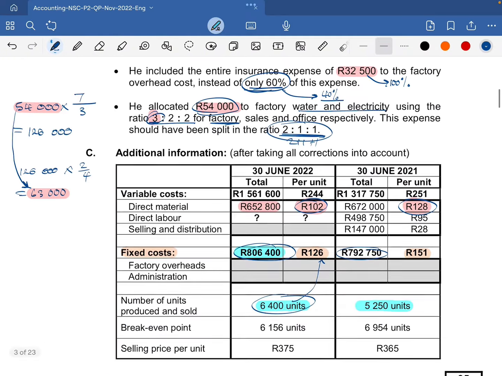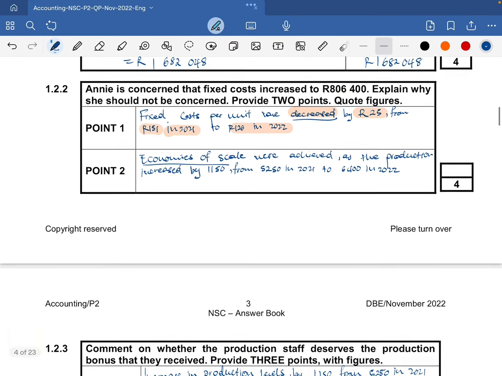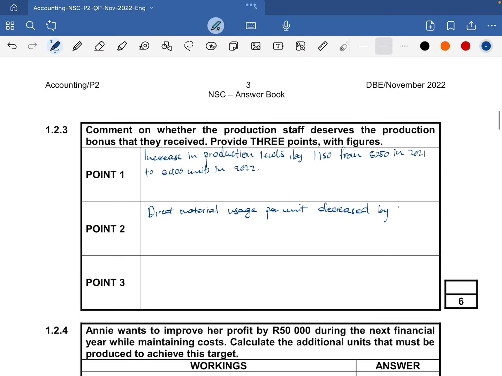So here it is 128 minus 102, which is 26, decreased by 26 rands from 128 in 2021 to 102 in 2022.